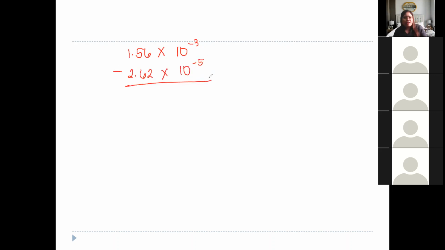Okay, so you try doing this. 1.56 times 10 raised to the power of negative 3 minus 2.62 times 10 raised to the power of negative 5.